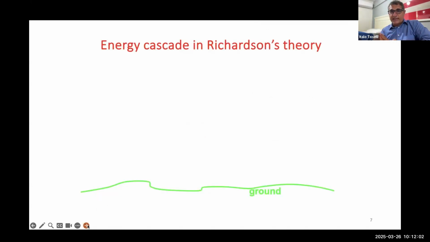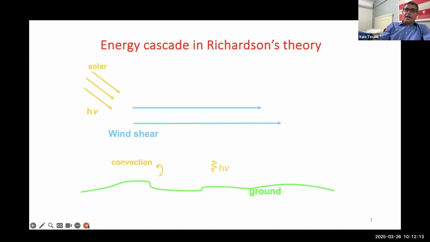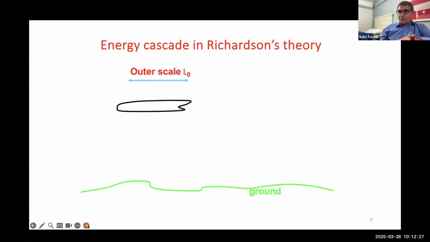Let's see now the energy cascade, Richardson theory. The Kolmogorov theory is based on Richardson theory. And what is it? Imagine now that we have the ground, and then you have some energy injection, coming from the sun, wind shear, convection, all these kinds of energy that build up the biggest cell of turbulence. We can visualize turbulence like many vortices in air, many optical vortices.